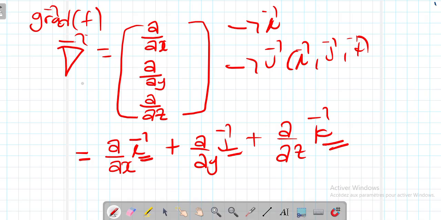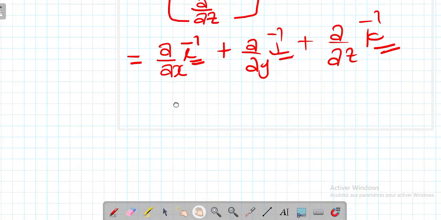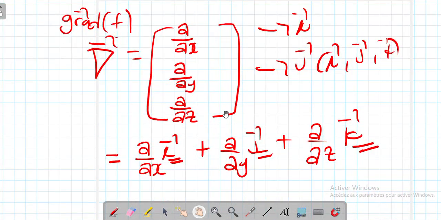It will be easier to calculate the gradient of a function if you use, for example, cylindrical or spherical coordinate systems. I'll give you an example that proves what I'm telling you. So this is nabla in the Cartesian coordinate system. You have to know nabla at all cost.